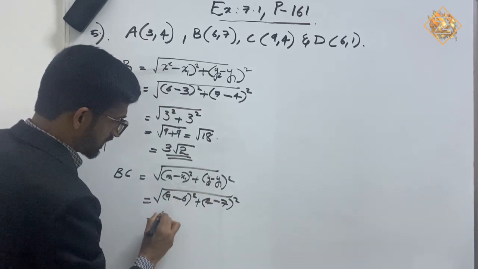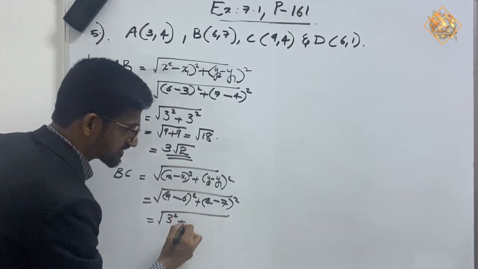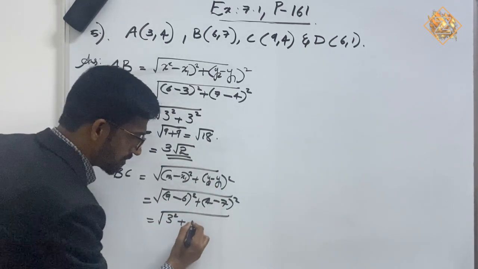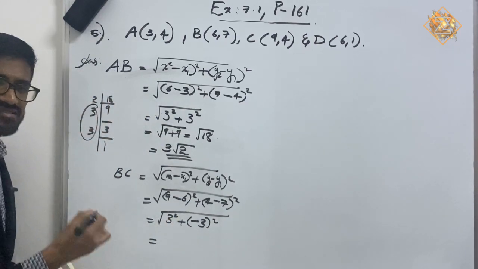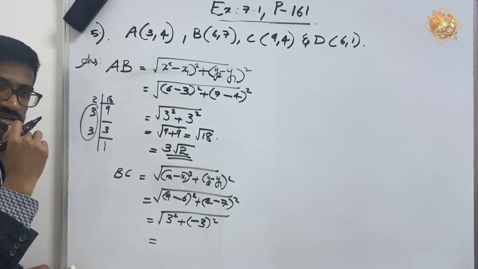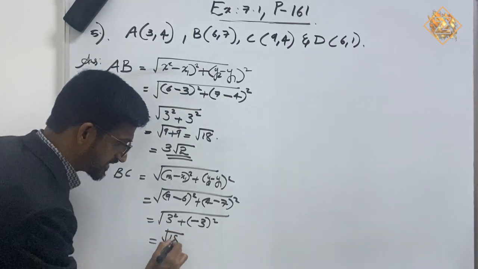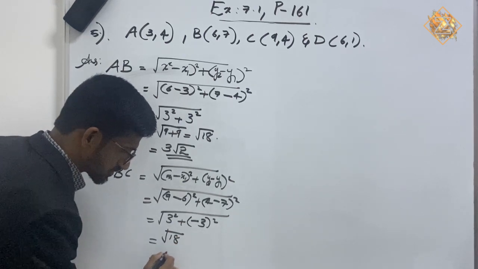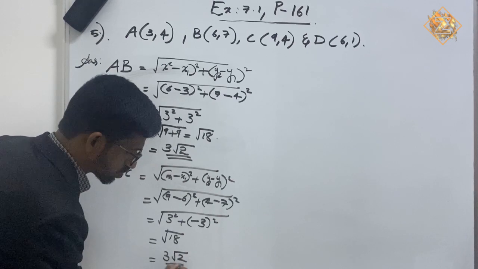So that will be root of (9 minus 6, that is 3) square plus (4 minus 7, that is minus 3) square. That is equal to, again 3 square is 9, minus 3 square is 9, 9 plus 9 is 18. So root 18 is equal to, again, 3 root 2.